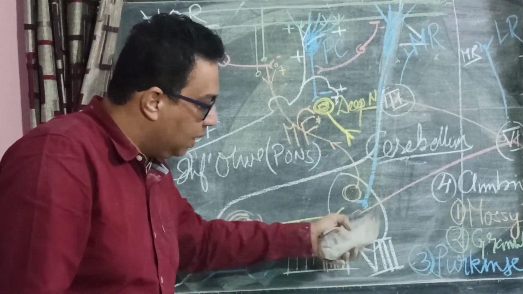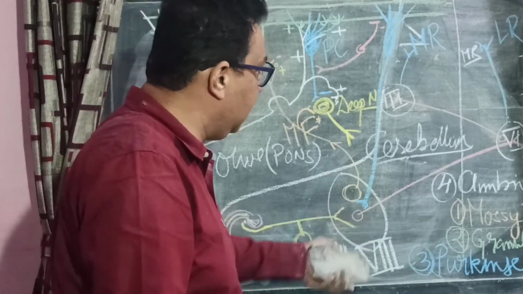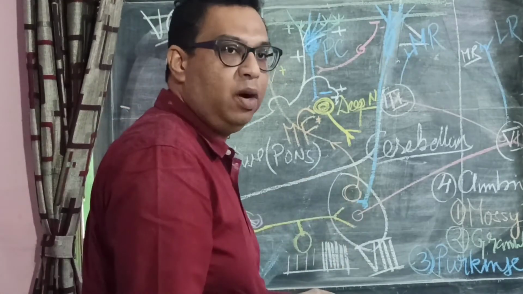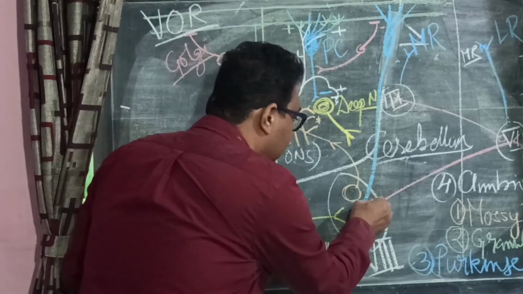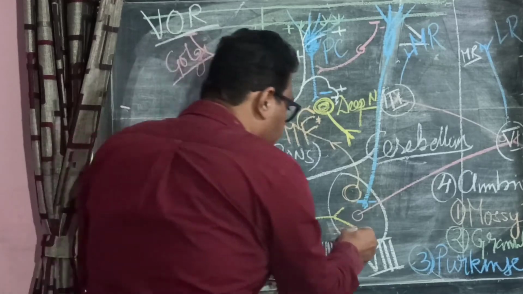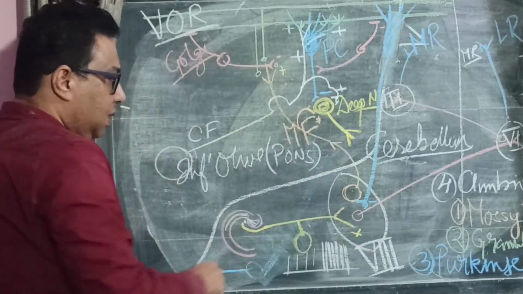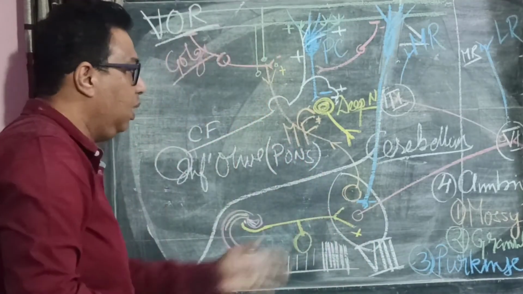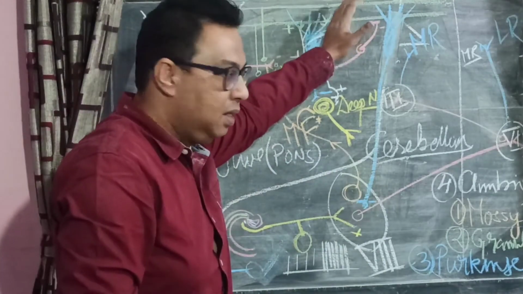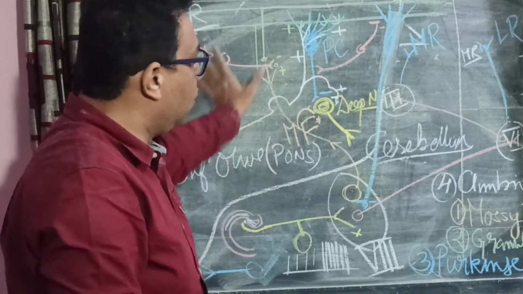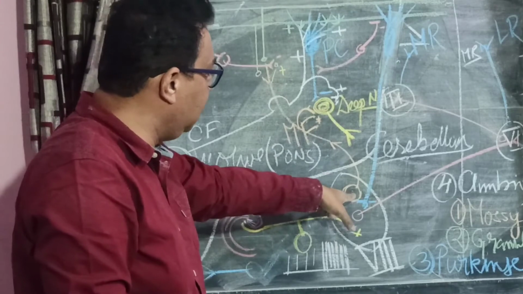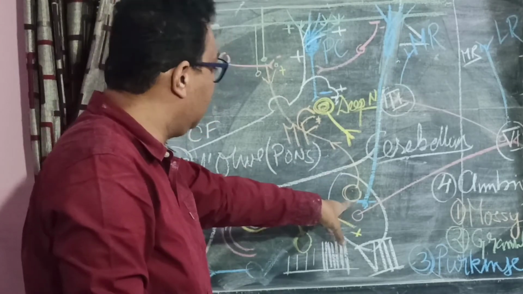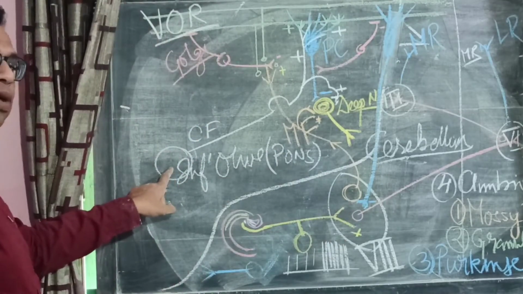It will directly go to the eighth cranial nerve nuclei, the vestibular nuclei, and bring about its inhibition there. So you see, this is the positive stimuli, this is the inhibitory negative stimuli after the cerebellum has processed the information which is received from the eighth cranial nerve and also information from the olive.